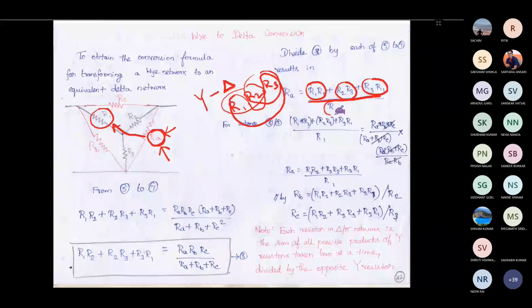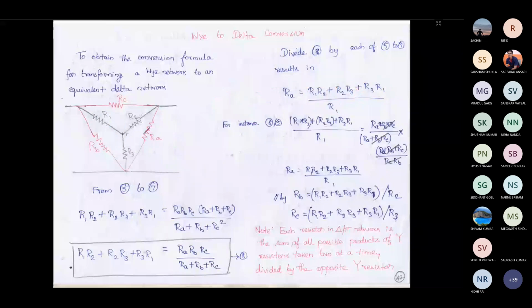For example, if you want to find RB, for the numerator you multiply the individual resistances like R1 into R2, R2 into R3, and R1 into R3, and you add them. For the numerator, it is the same for all the combinations. For the denominator, for this RB, you see which resistance in the star is exactly opposite, and it will not be directly connected, not directly nearer to this.